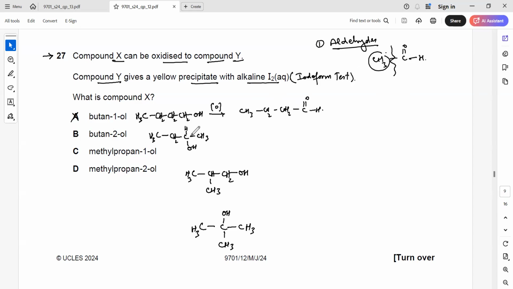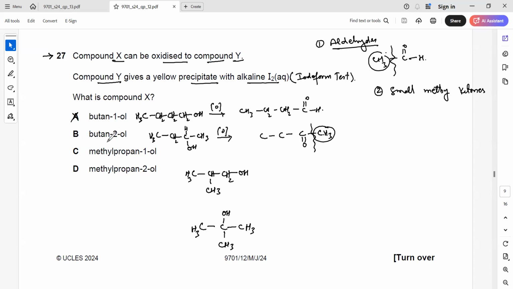Here we have seen it's a secondary alcohol, so on oxidation, that will give us a ketone. And for ketones, remember, small methyl ketones will give the iodoform test. What does that mean? If this carbonyl group is bonded with a methyl group on one or both sides, then that will give the iodoform test.